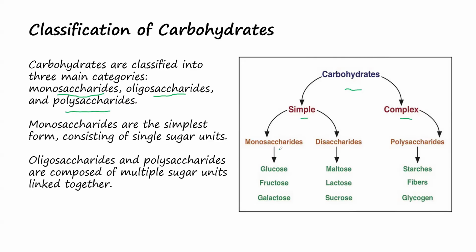The simple carbohydrates are the monosaccharides and disaccharides. The disaccharide is an example of an oligosaccharide, because an oligosaccharide is a sugar that contains 2 to 15 simple sugars. So a disaccharide is 2 simple sugars, and that's why it is called a disaccharide.